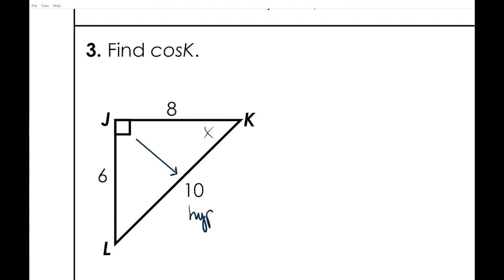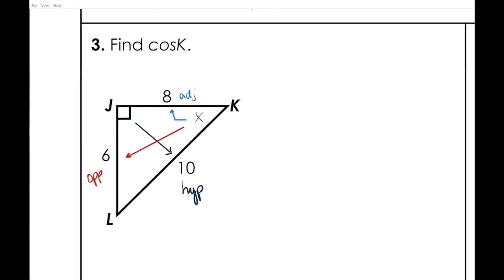And then like I said, the hypotenuse and the adjacent side both touch the angle, so this is the touching part, which makes that the ADJ. And finish up with the remaining side, the side that is opposite of our given angle, and that is 6.